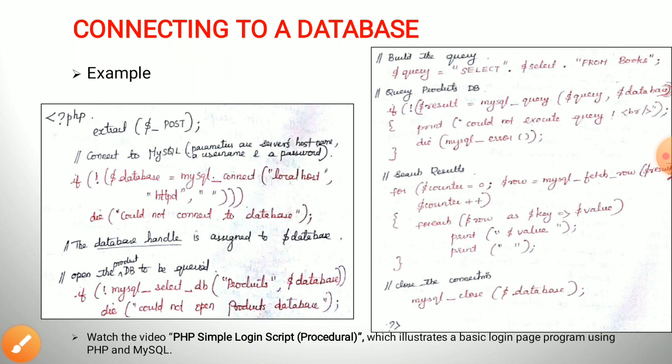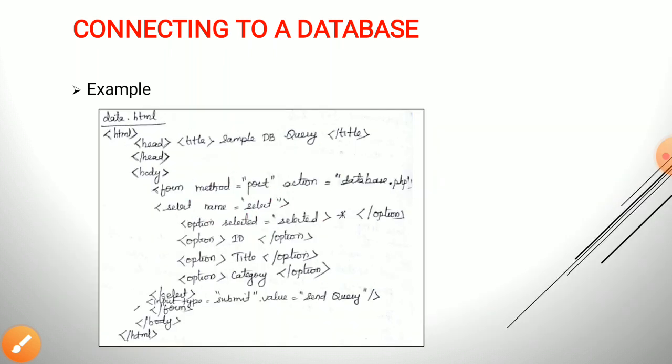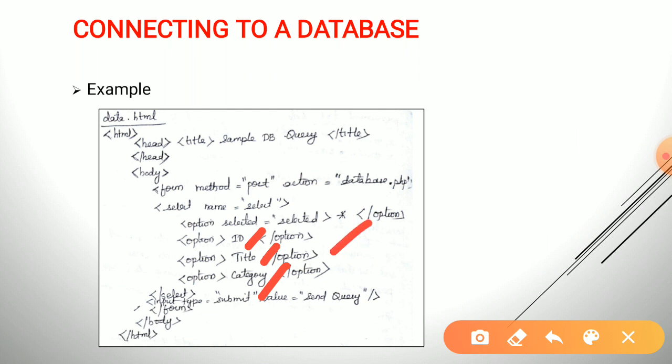Now here in this drop down menu, we can select id, title, category, or star. Okay, star means we are selecting all. If we select star and click on this send query button, then it will display all the details in the table books, that is id, title, and category.